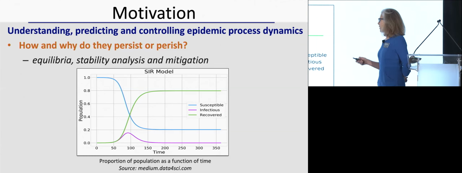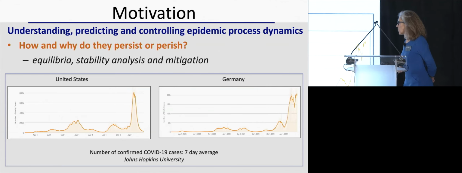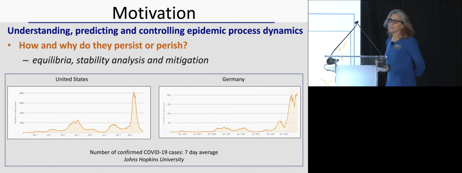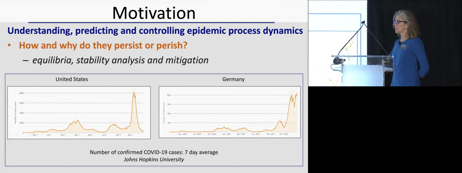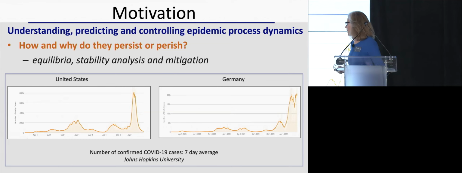But of course, we know this isn't what it's looked like. This is more what we've seen, right? So these are the numbers of the infected over the last 2 years as they've trended in the United States and Germany. I just picked a couple of models. I don't know how well you can see this, but I think this is from about 4 or 5 days ago. Obviously, Germany was trending up quite a bit again.